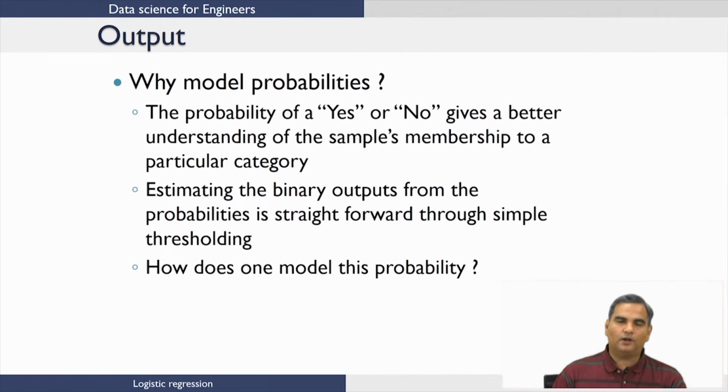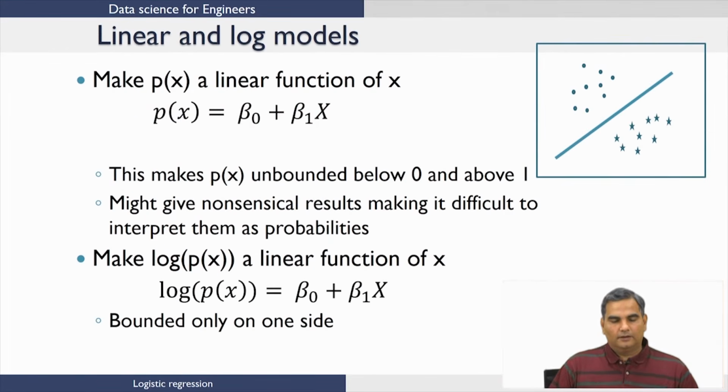So, while we do not lose the ability to categorically say if a data belongs to a particular class or not by modeling this probability, on the other hand, we get a benefit of getting a nuanced answer instead of just saying yes or no. So, the question then is, how does one model these probabilities?